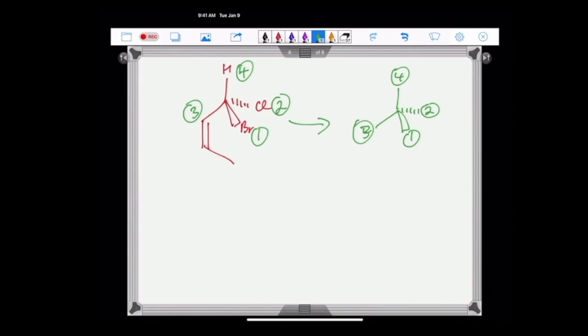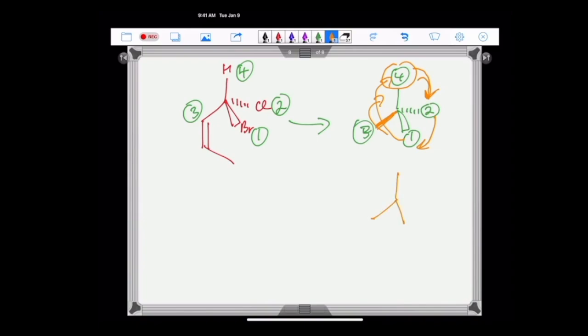Number 2, I need to orient it such that this group here is in that position. It's in the plane of the page, and I need to rotate it so that it is back in this one. What that means is, in your mind, hold on to the other bond, whatever bond is not your number 4. You're going to rotate this bond, so 4 is going to rotate over to where 2 is, 2 is going to rotate up here where number 1 is, and 1 is going to rotate over there.